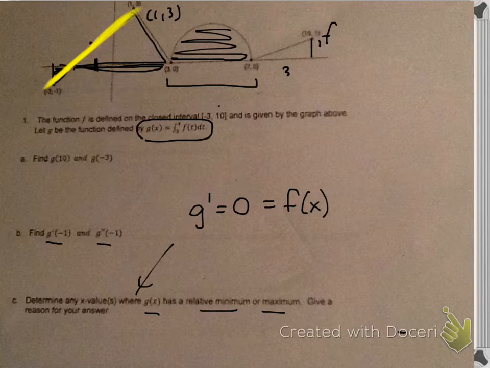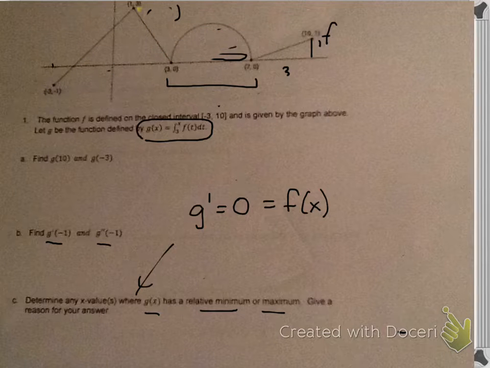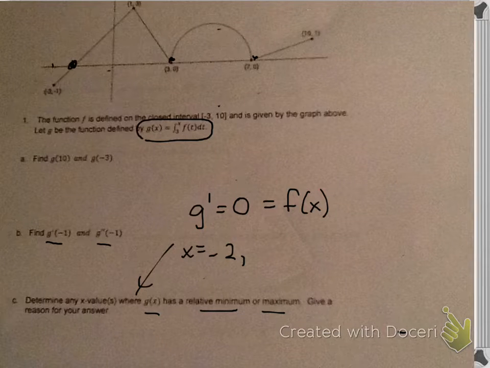So where is f of x 0? If you go back up to your graph and we look at the places where f of x is 0, it's here, here, and here. So negative 2, 3, and 7.